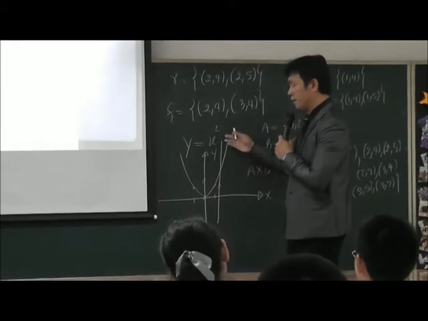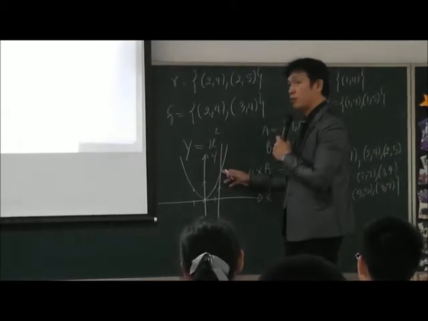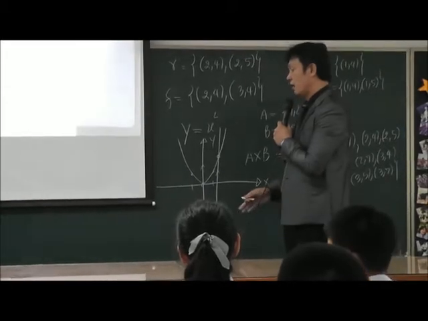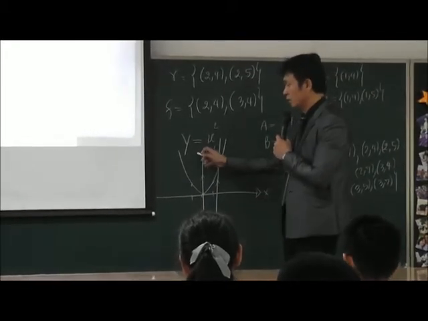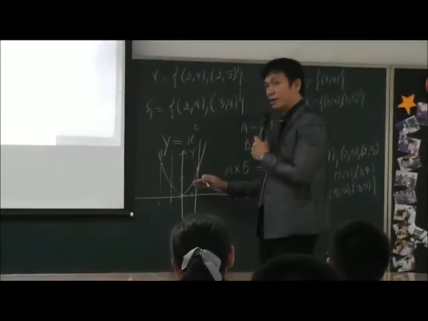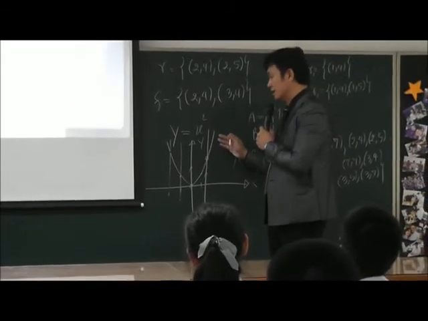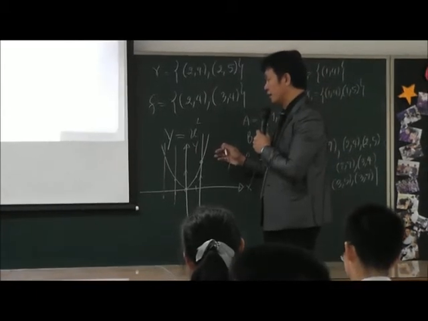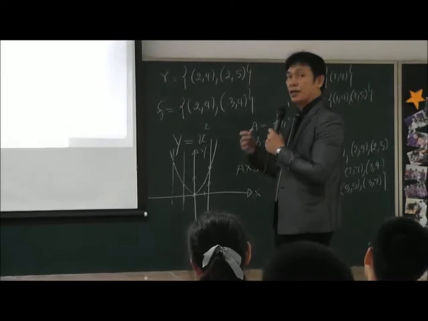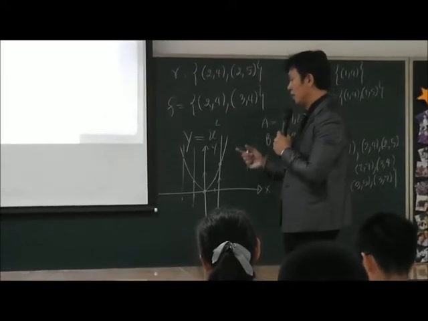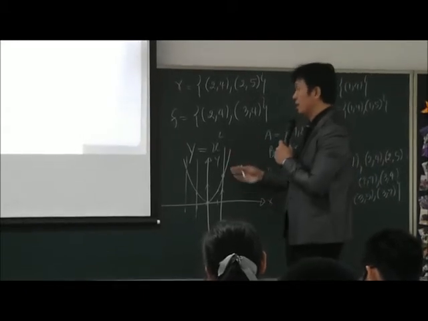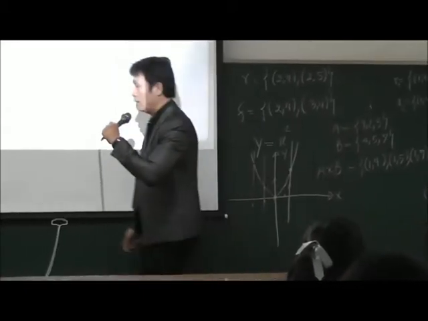If the line cuts the graph at one point only, for every position of x, then we can decide that it is a function.